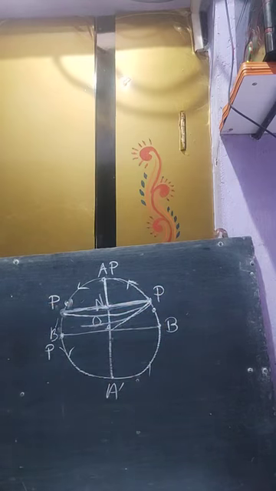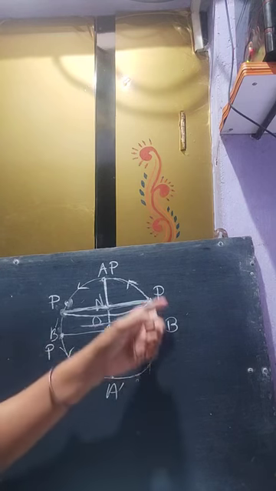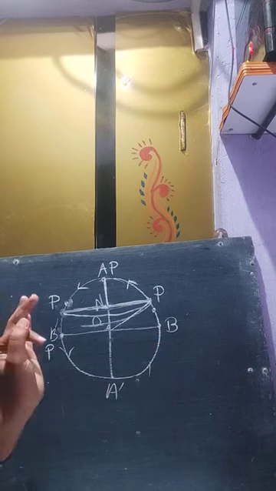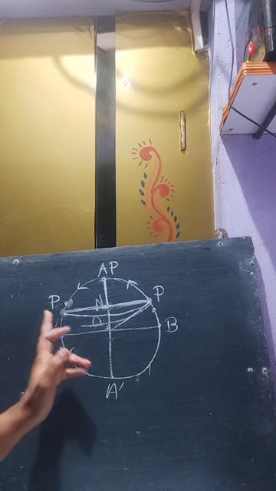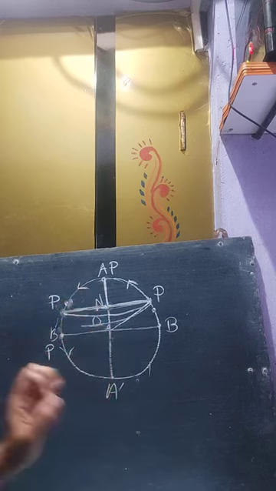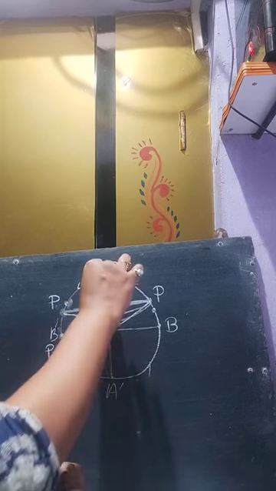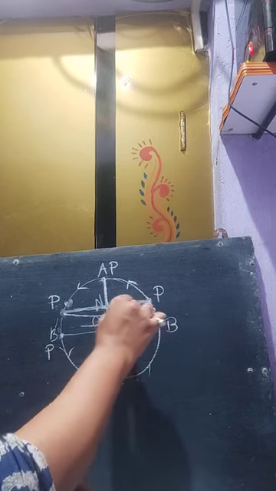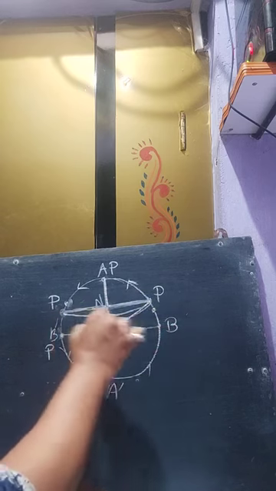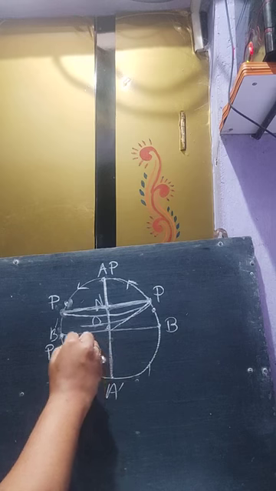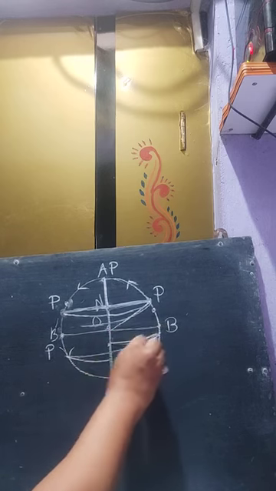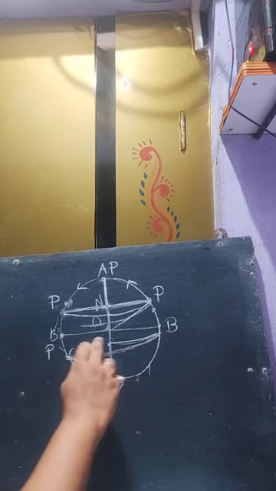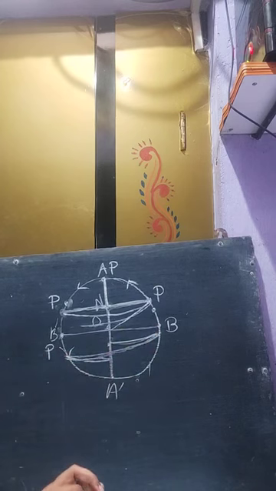Therefore, if a particle moves with uniform speed along the circumference of a circle, then the straight line motion of the projection of the particle on the diameter of the circle is called simple harmonic motion. This is the diameter and this is the projection, which moves to and fro like this.